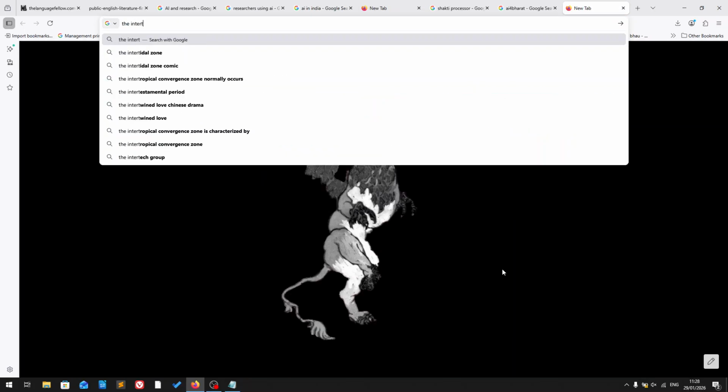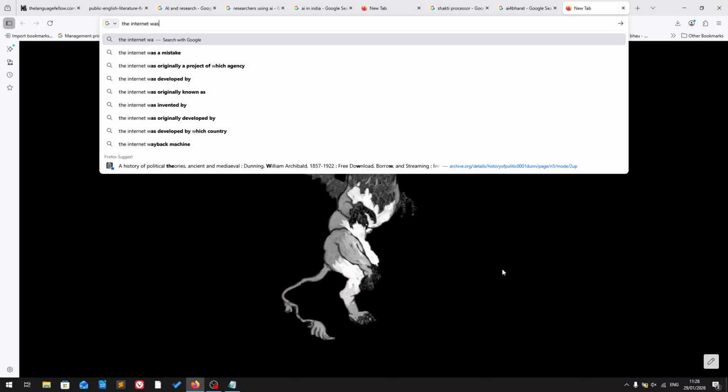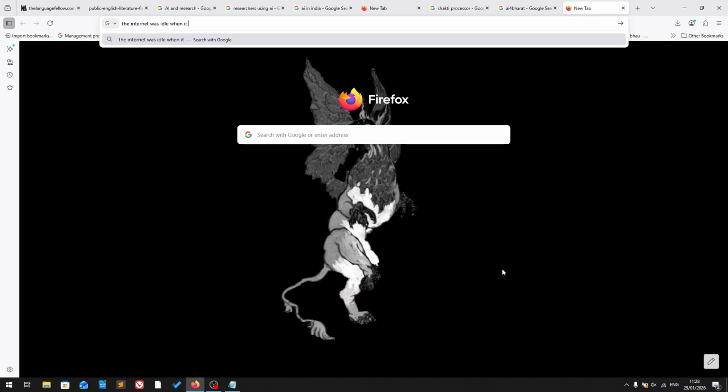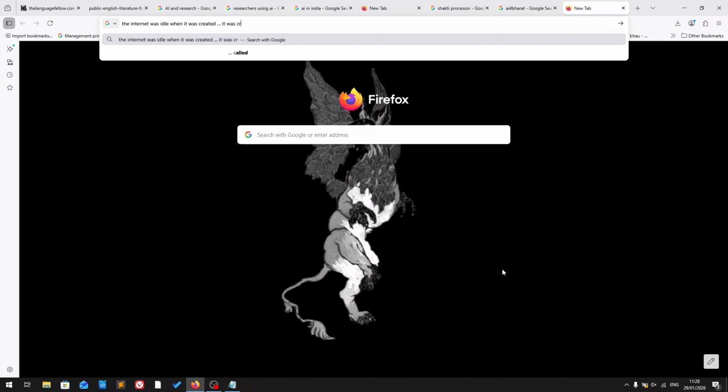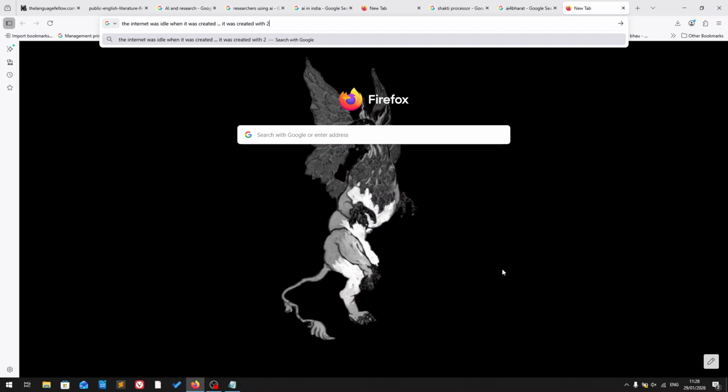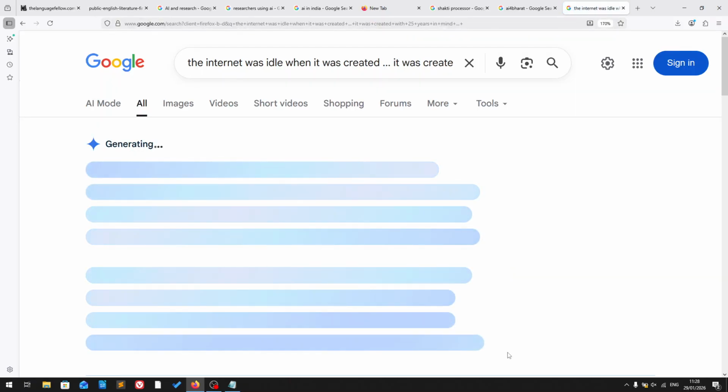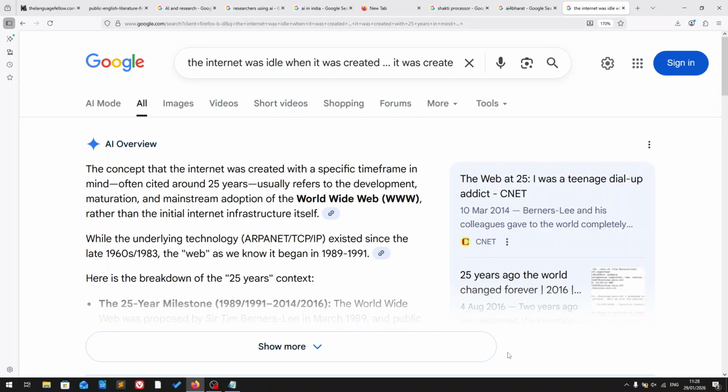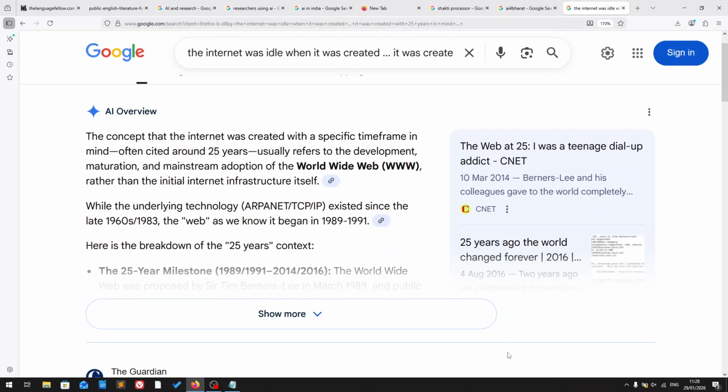So it's the internet was idle when it was created. It was created with 25 years in mind, or something like that. So they are investing in AI so that they can reap the benefits 2 or 3 decades from now, that kind of thing.